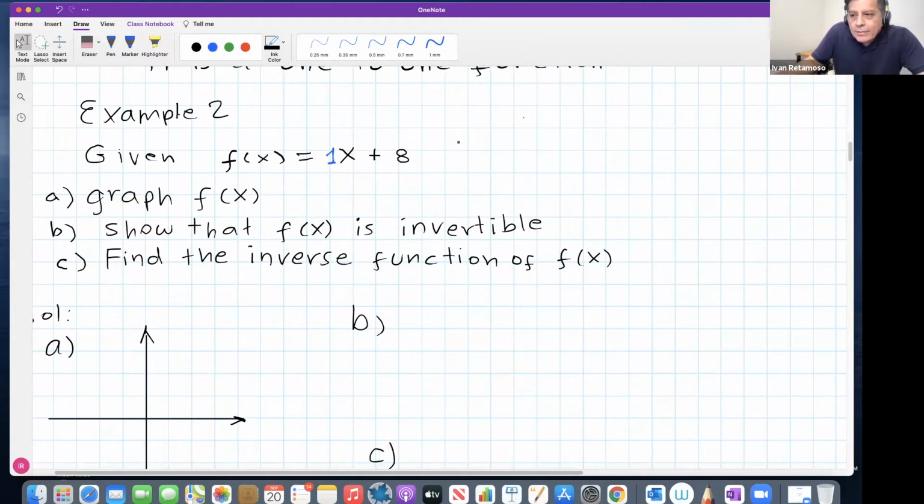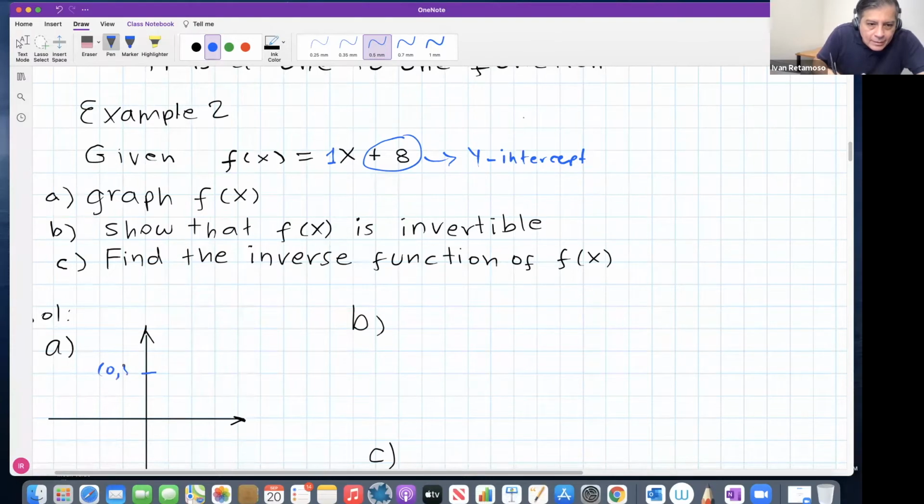So when you graph this function, you start with this 8. This is the y-intercept. And you know that this y-intercept goes somewhere up here. Suppose it's here, this y-intercept 8. This is the point 0, 8. From there, you take this as your slope, and then you can graph this.